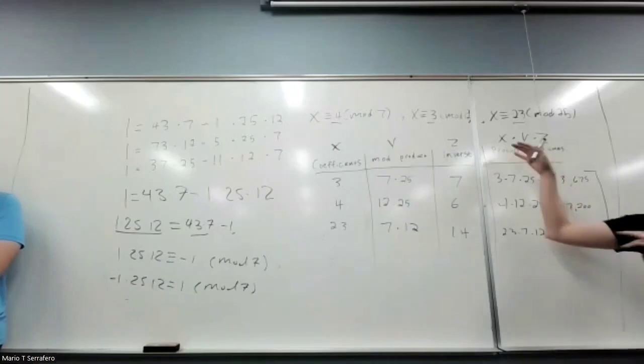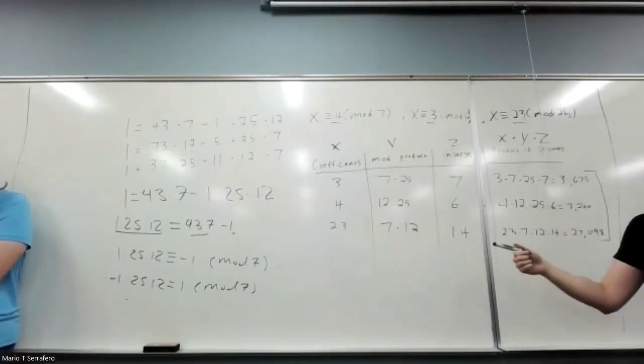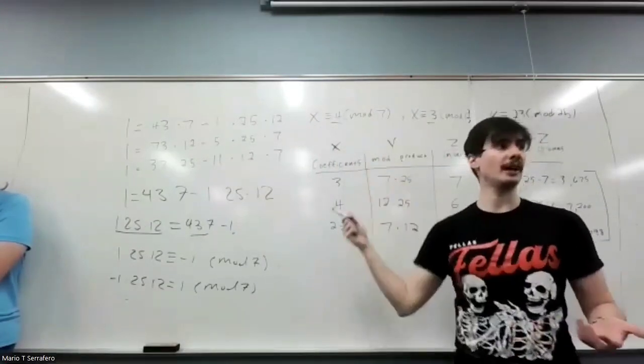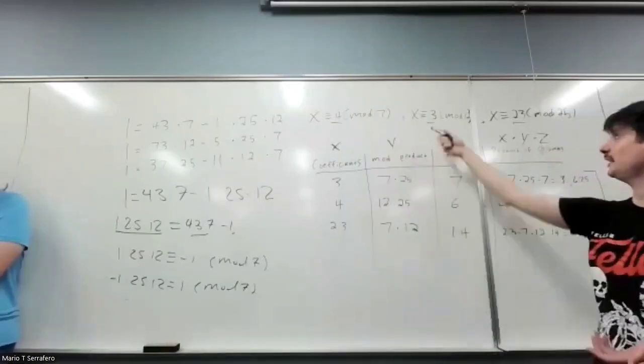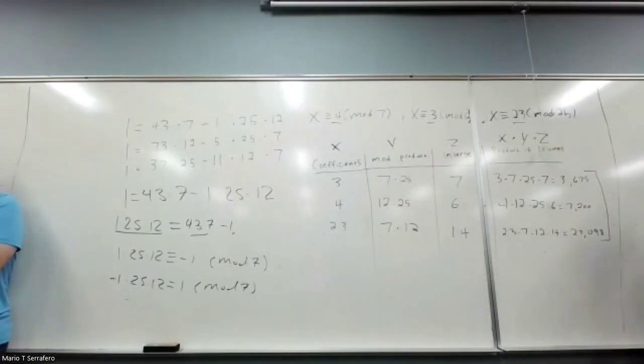That's right. So once you do all this complicated stuff, guys, again, check your work. For this one, it's very easy if you have a calculator. You just grab your X and make sure that it's equivalent to 4 mod 7, and also equivalent to 3 mod 12, and also equivalent to 23 mod 25. So always remember to check it either at the end or when you're done, if you have time, of course. If you don't have time, then don't. So try to do it at the end at least.